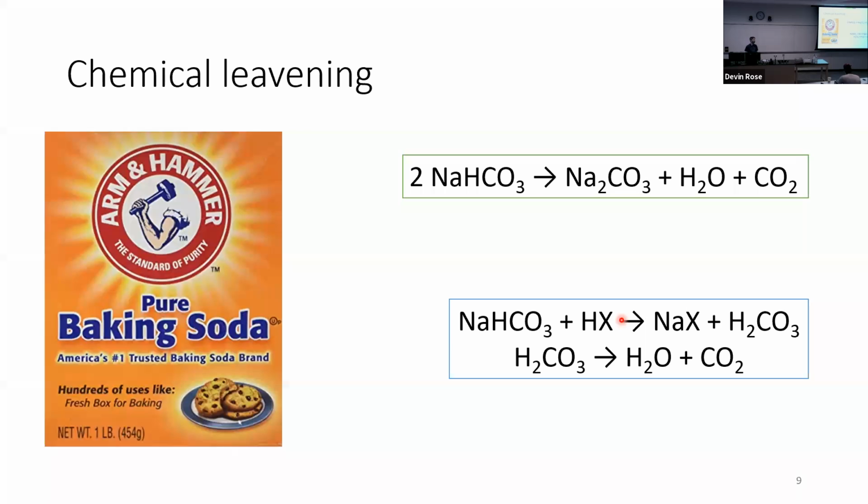And this will react at room temperature, any temperature, and produce carbonic acid, this carbonic acid right here, and the sodium salt of the acid that you added. And carbonic acid is an unstable acid, decomposes spontaneously to water and carbon dioxide. So we have leavened the product this time at any temperature by adding an acid.